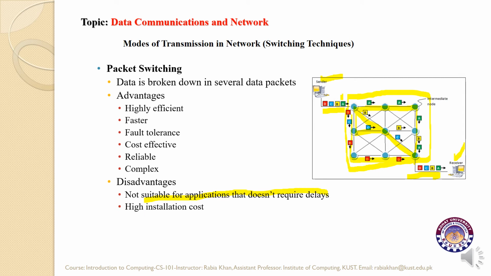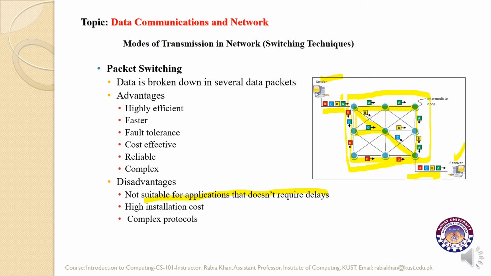It requires high installation costs. You would require a lot of intermediate data forwarding nodes. That means a lot of routers, a lot of switches, which would bring installation cost. Different complex protocols are required. Protocols, as we said, are a set of rules that ensure how data is to be communicated.